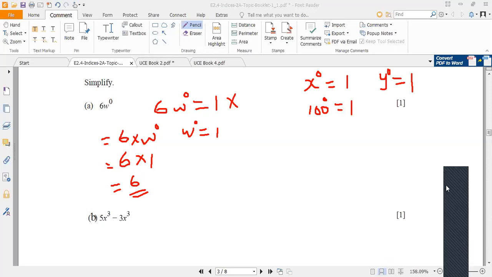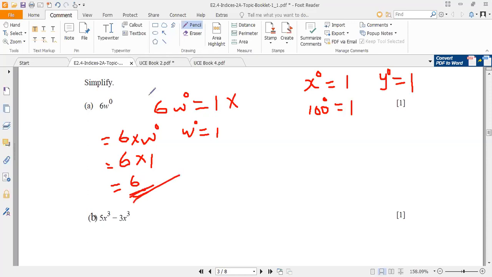Then the final answer is 6? Yes, the final answer is 6. The answer is here, it's 6. This one here was wrong. This one is wrong, please. Don't take this.